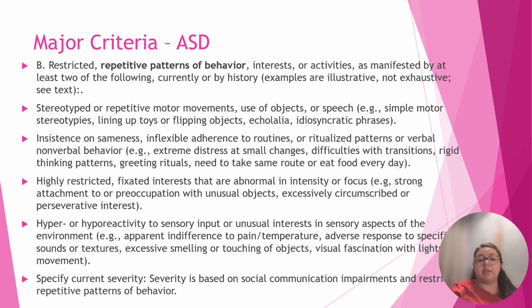Simple stereotypies, lining up toys, flipping objects, echolalia, which is when somebody repeats the other person's language, idiosyncratic phrases, insistence on sameness, inflexible adherence to routines, and highly restricted, fixated interests that are abnormal in intensity or focus.